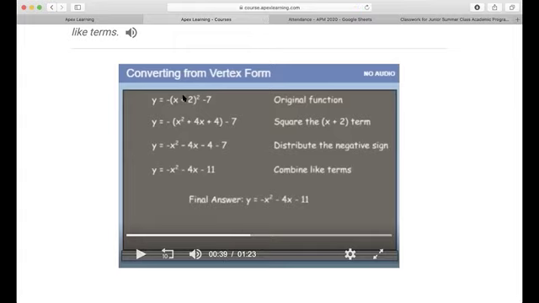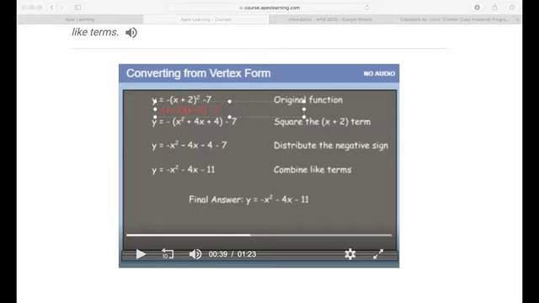Okay, so the thing I want to point out, maybe this step was a little bit confusing. If I were to type this one out, what we did was we said negative (x plus 2) multiplied by (x plus 2), minus 7, right? So that would be the form that's there.